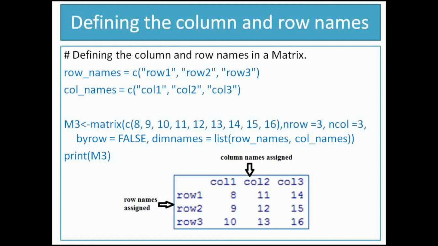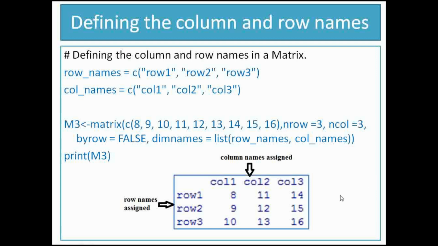So the row names we have assigned as row 1, row 2, row 3, and column names column 1, column 2, column 3. And now we are assigning these values as a list to the parameter dimnames. Once we assign these values, that means we are passing the arguments through this function, it will take them and the names will be assigned.